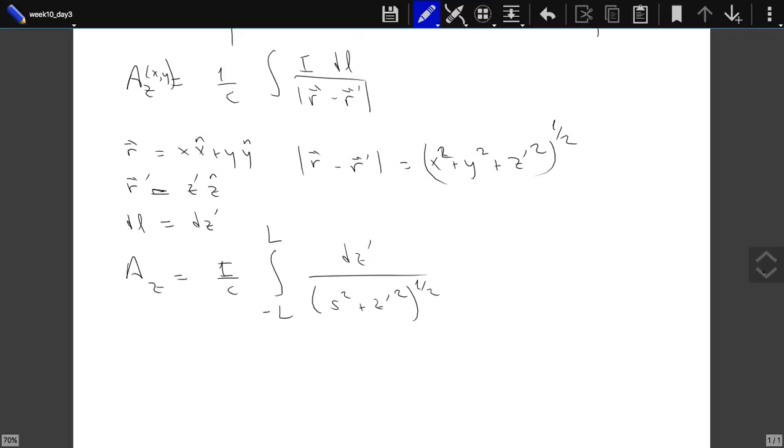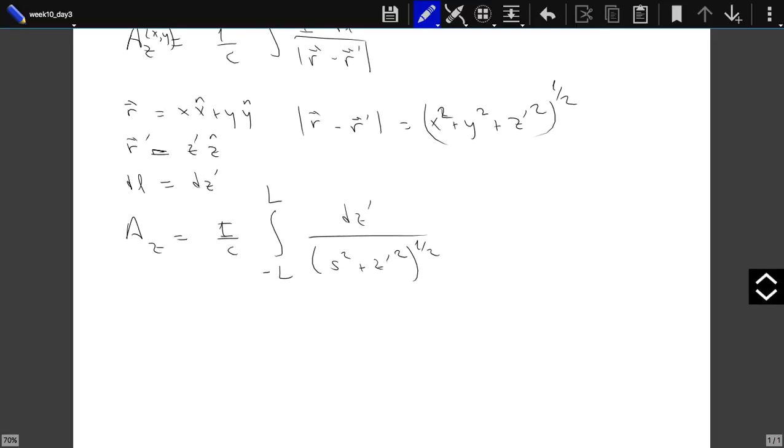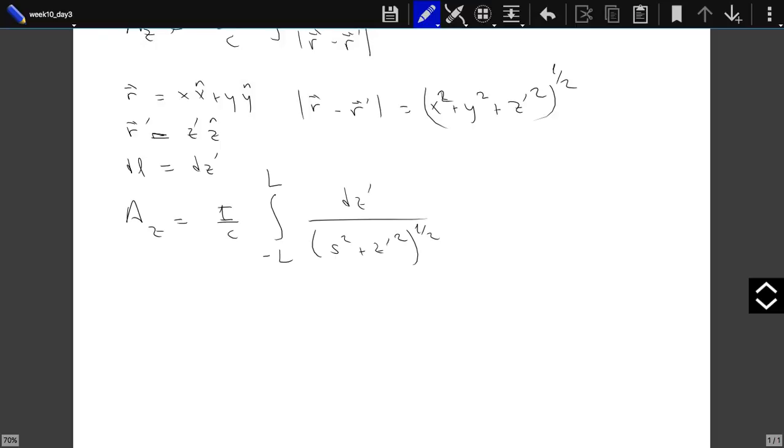So what is the result of this integral? Do you remember? Well, let's make a change of variable. z' is equal to s tangent theta. dz' will be s over cosine squared theta d theta.